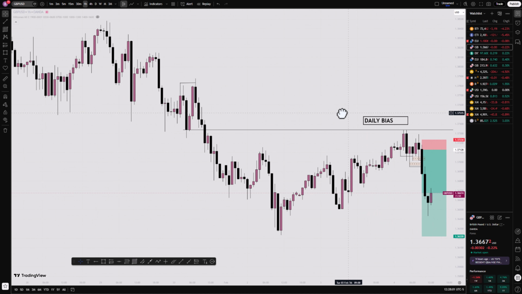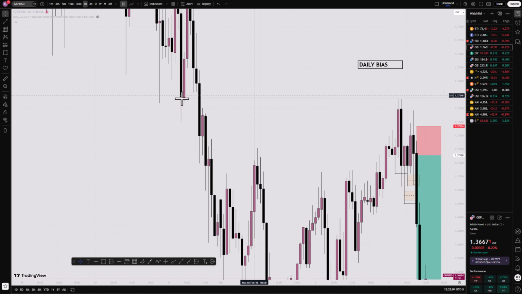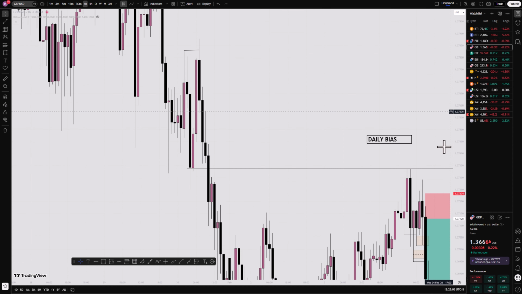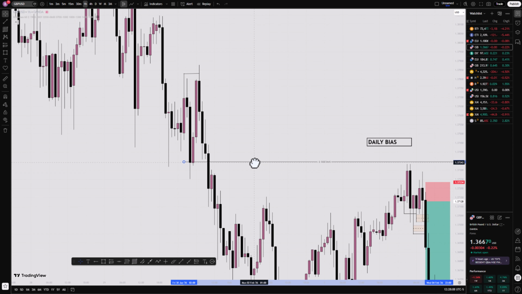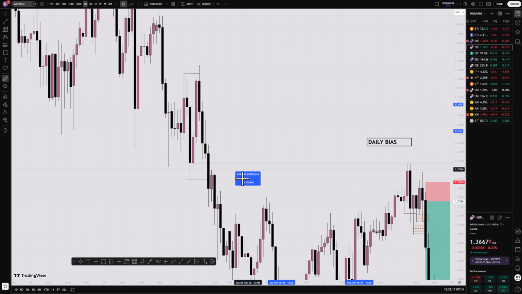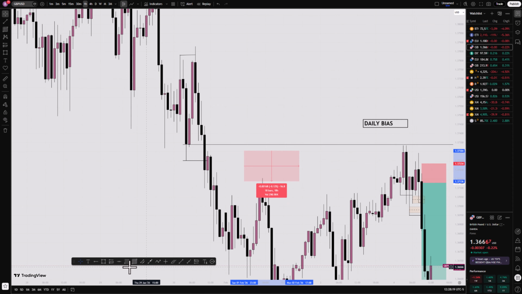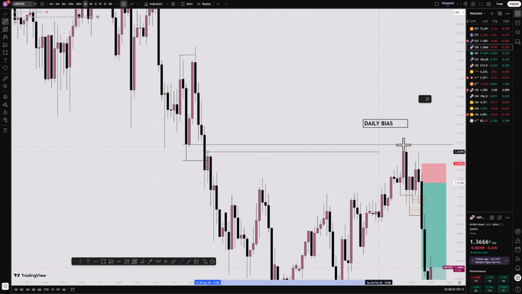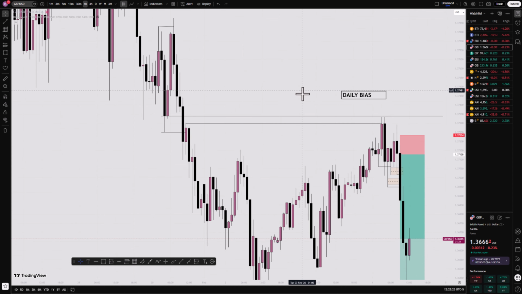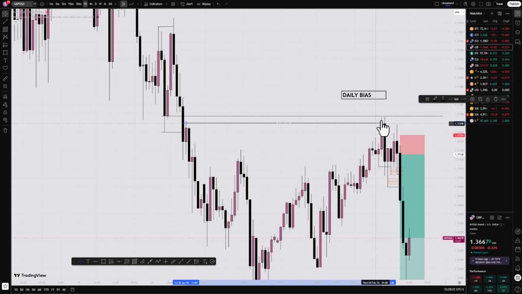So here we see that we have a bearish breaker block at this level, and then we see a market structure shift here. After the market structure shift, we have our inducement, and then the inducement did not mitigate the open of the breaker block. So price came back, took out the inducement here, and then entered into the breaker block.